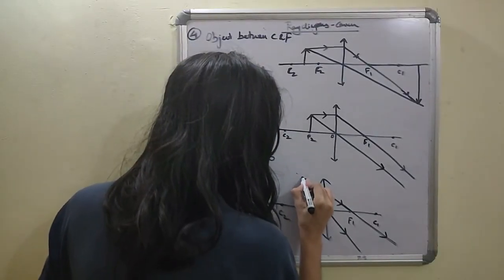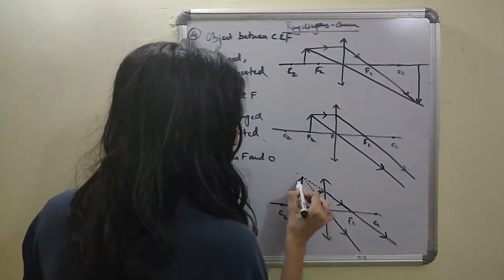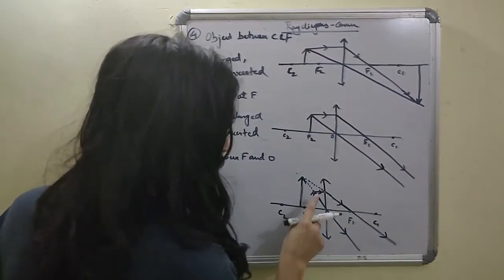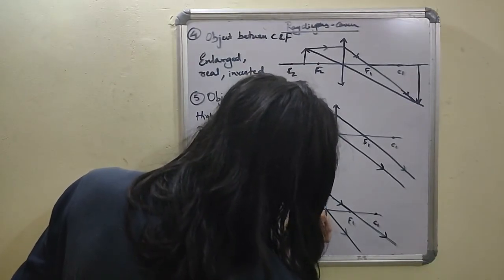So, if you notice, the points meet here, which means this is the arrowhead. Now, what does this tell me?